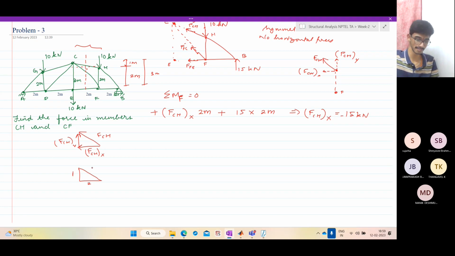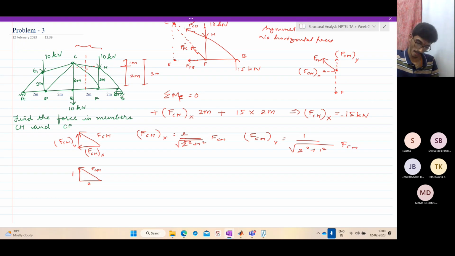The horizontal is 2 and this is FCH. So FCHX is 2 by square root of 2 square plus 1 square times FCH, and FCHY is 1 by square root of 2 square plus 1 square times FCH. So how much is FCH now? We already know FCHX. So FCH is equal to minus 15 into root 5 by 2. This comes to around 16.77 kilonewtons. Since we get a minus sign, it is compressive in this member.